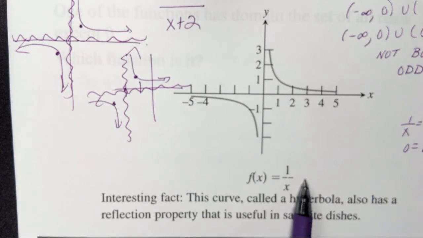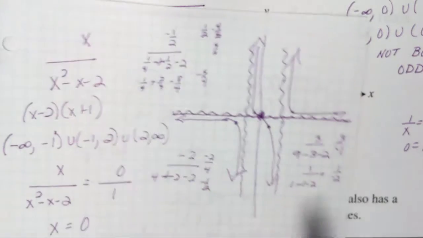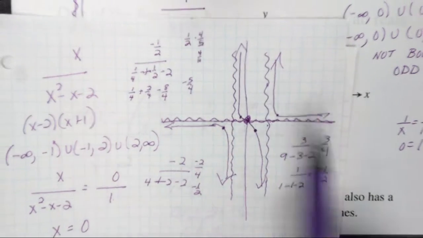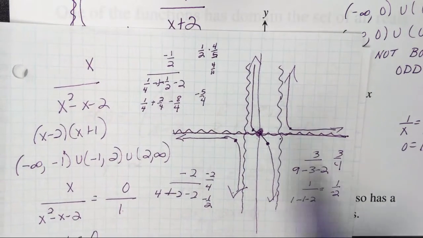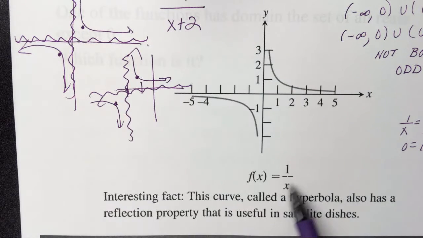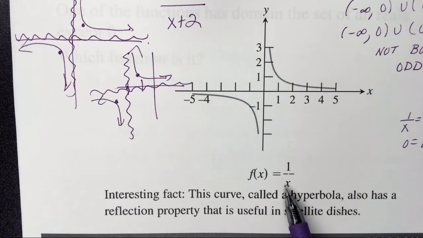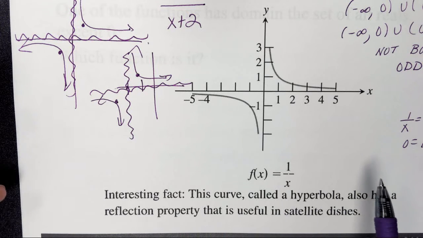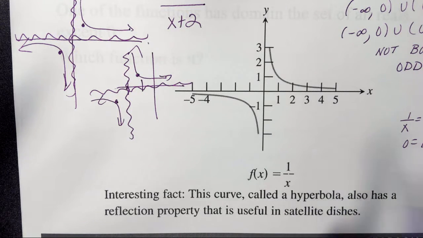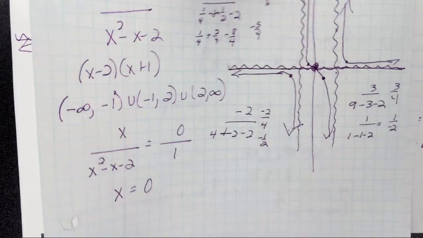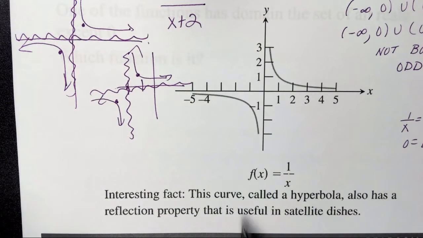This is not a transformation of this. This is a beast all of its own. There is no transformations. There is no parent points. It's just looking for all of the pieces. This is only appropriate when you have x to the first power. There's no x's on the top. Okay? And so these are a whole other situation. They do not tie back as a transformation of that. Okay? All right.